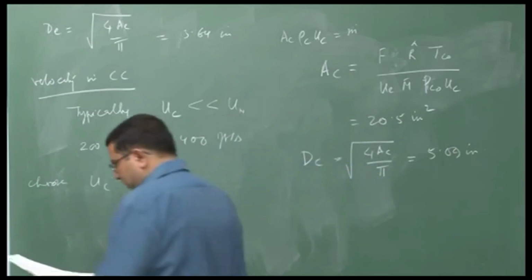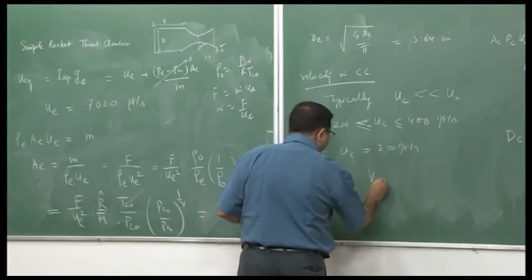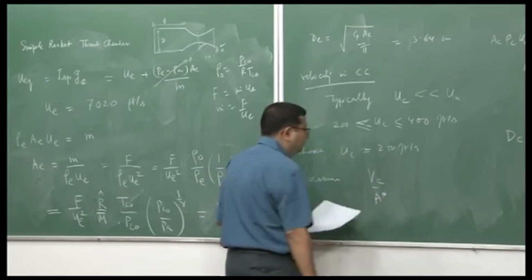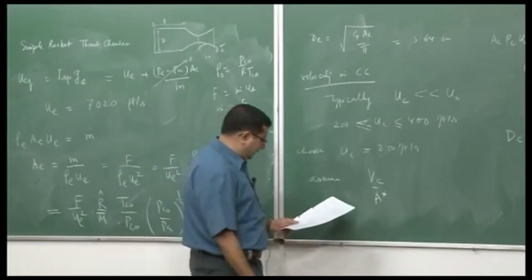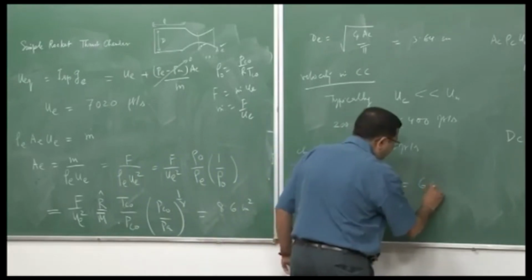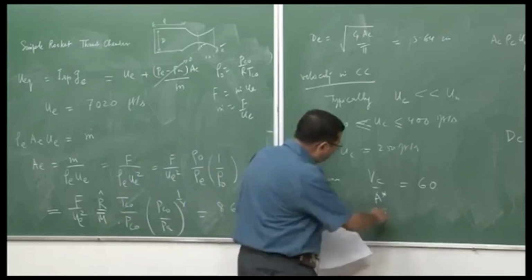So, let us assume combustion chamber volume to A star. This is typically a given parameter which has evolved through experience. So, a typical value of this is about 60. So, let us assume this value is 60. A star we have estimated.